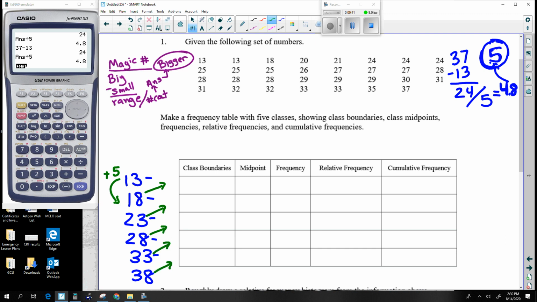Thus, the reason for that 1 extra. So the very first boundary, the one that starts with 13, will end at 17. The boundary that begins with 18 will end at 22. Then 27, 32, and 37.